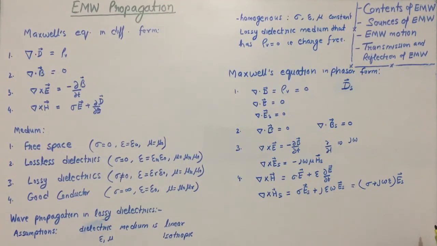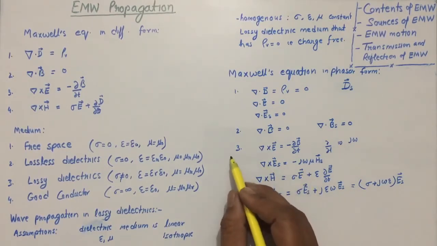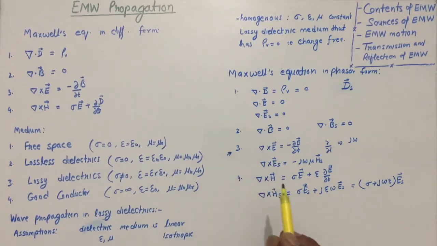Now we will try to solve these phasor forms to find the wave propagation. For that purpose, just start from the third equation, where various changes are reflected.